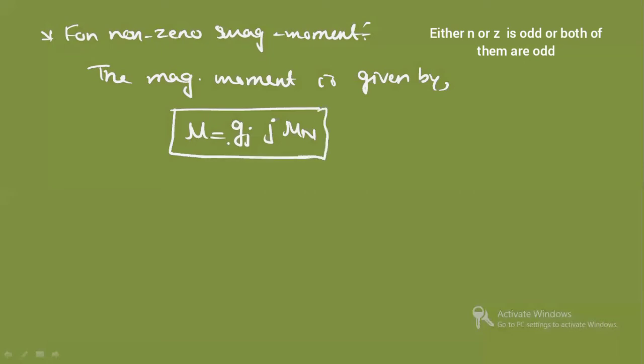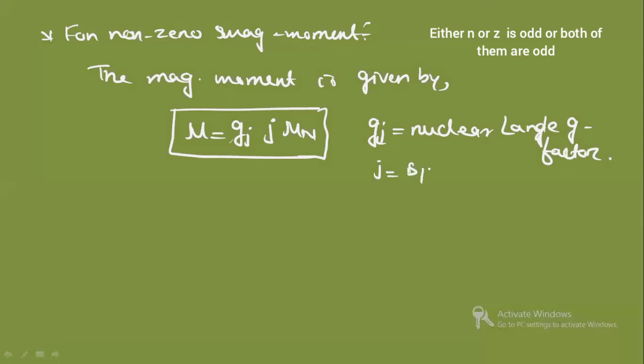This is for the odd case, that is, for the non-zero magnetic moment where either or both of them are odd. Here G_J is the nuclear Landé g-factor, J is the spin of the nucleus, and mu_n is the nuclear Bohr magneton.